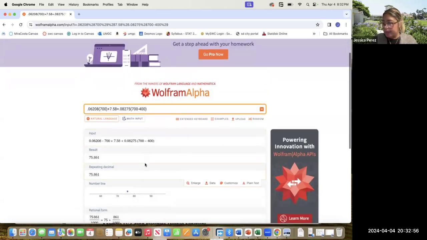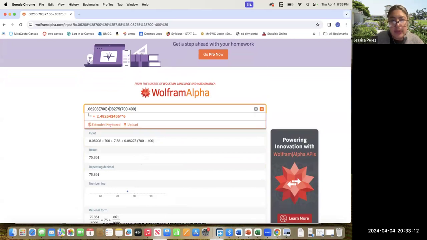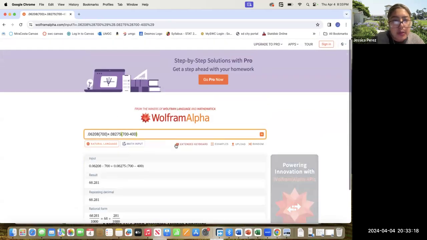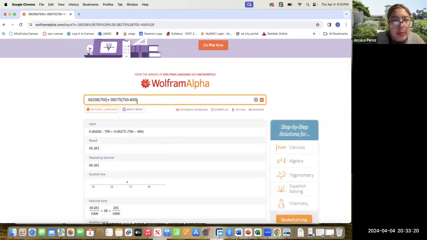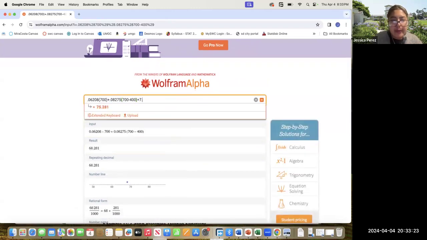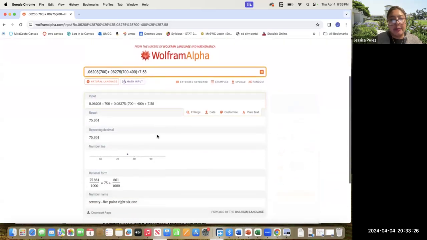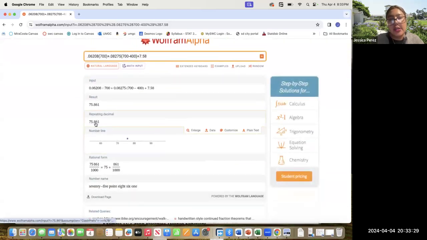So I have this 0.06208 times 700, this additional rate. And then here, this plus 7.58 from the original. So it's saying that it would cost you $75.86. Okay, when you plug it in.